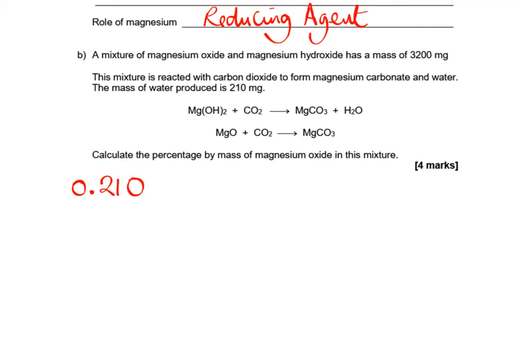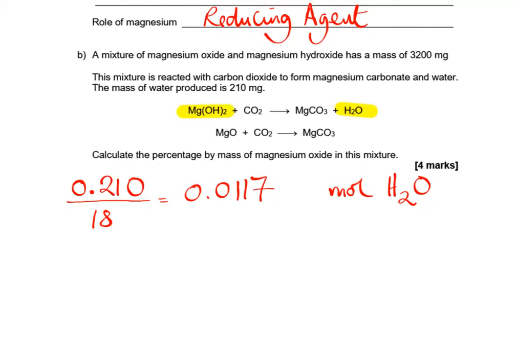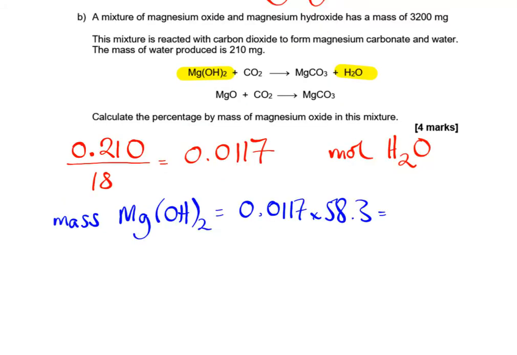For the calculation, we'll start by working out the moles of water. So 210 milligrams is 0.21 grams, and that gives us 0.0117 moles of water, and we can see that's equal to the moles of magnesium hydroxide in stage 1, which means that the mass of magnesium hydroxide is that moles times by its MR, which gives us 0.68 grams.